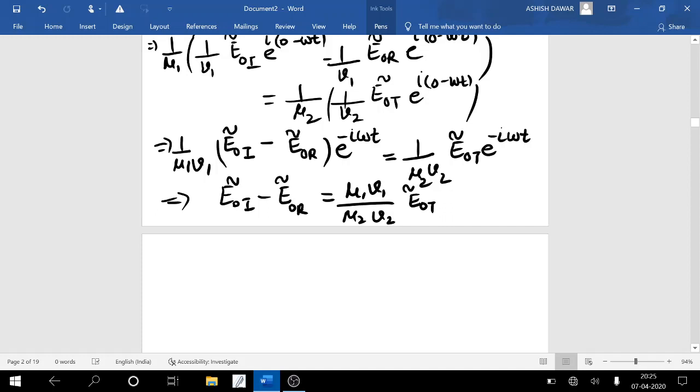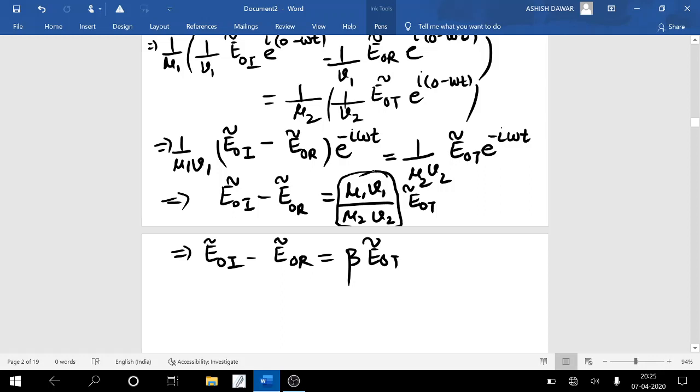So it becomes E0I minus E0R equals beta E0t. So here beta is equal to mu1 V1 upon mu2 V2.